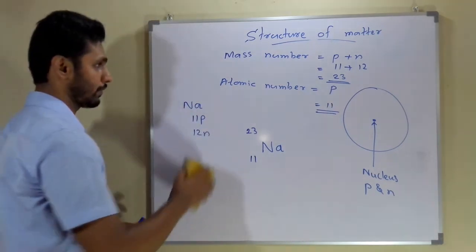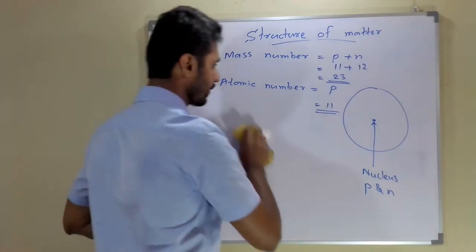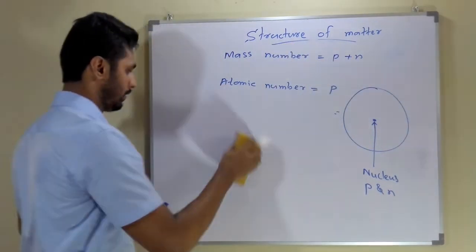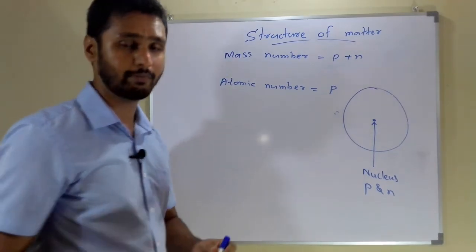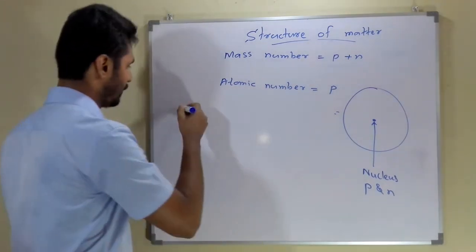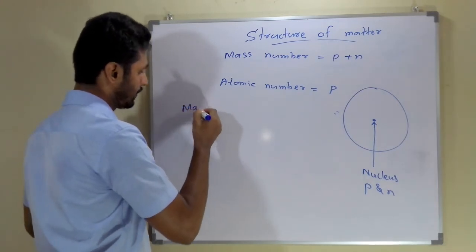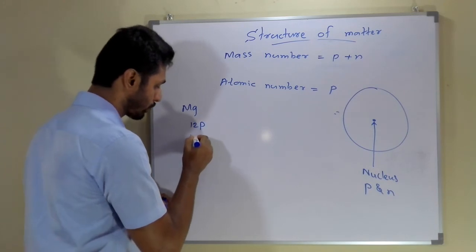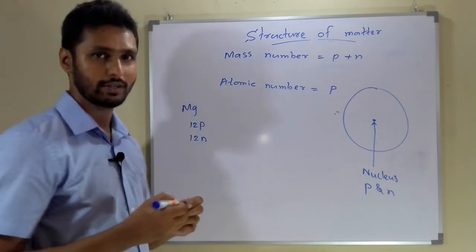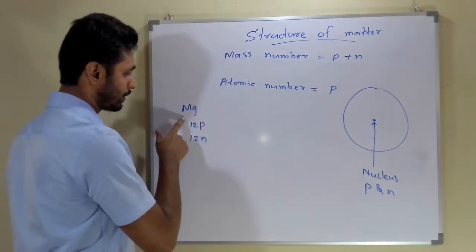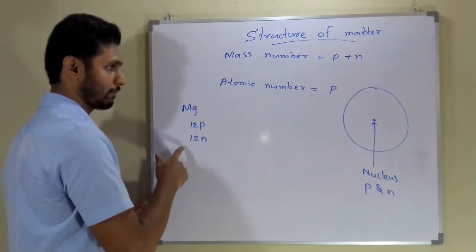Let's see another example also. Think about the magnesium atom. Magnesium, it has 12 protons and 12 neutrons. Okay, and you can see its mass number and atomic number.